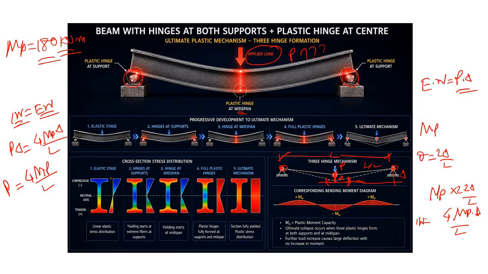Okay, so P is coming as 4 into 180 by L. Let's say L is 6 meter, total length is 6 meter, so 6 and this is 180, so we are getting 120. So at 120 kilonewton load, this particular beam will form a plastic hinge at its midspan, right?